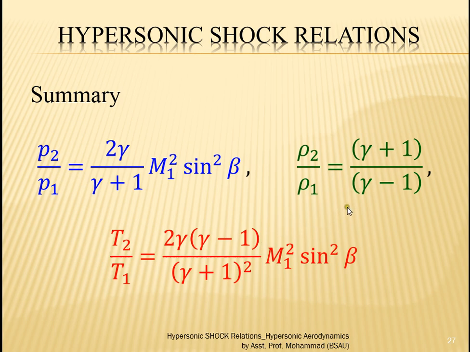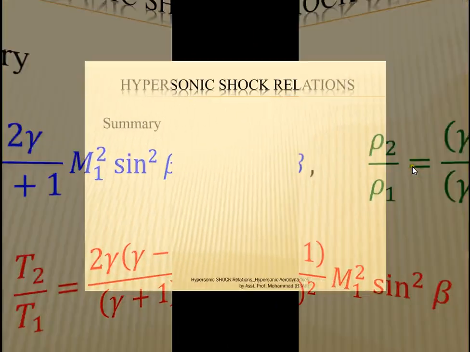In contrast, the density ratio does not have Mach number. So the density ratio loses its dependence on Mach number as the Mach number goes high, and attains a fixed finite value at a very high Mach number, and that finite value is given by this expression. If we have the information about gamma, it is easily calculated.